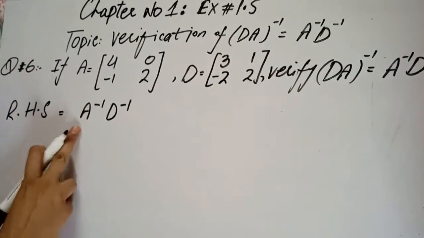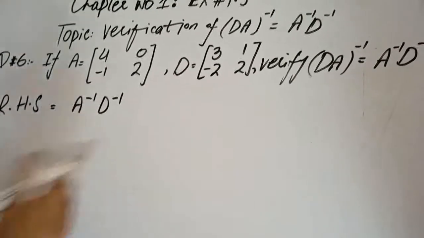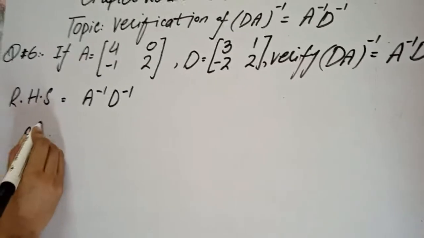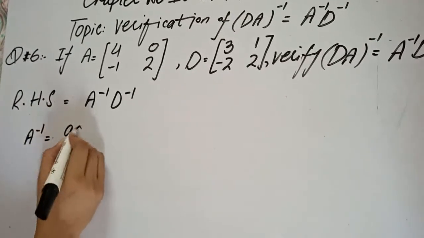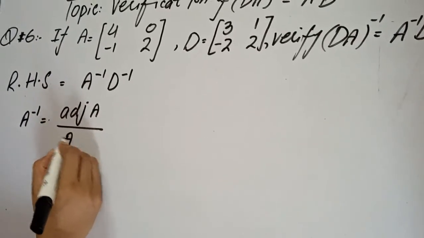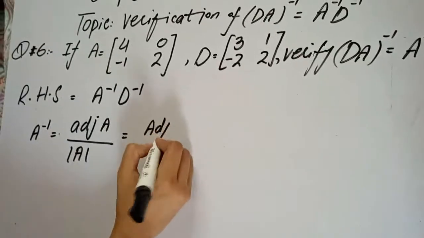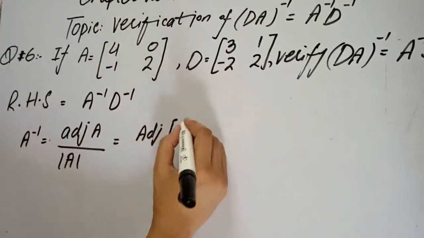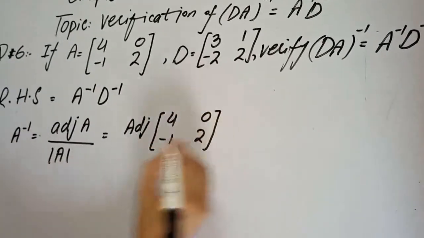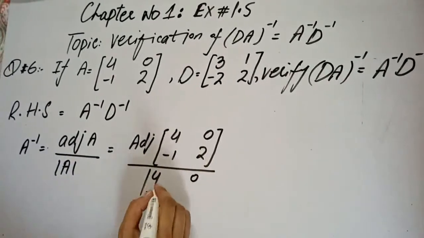It means first we will find A inverse, then D inverse, then multiply both matrices. First we find A inverse, which equals the adjoint of A over the determinant of A. So we put here the matrix A over the determinant of A, and we are going to find its determinant.